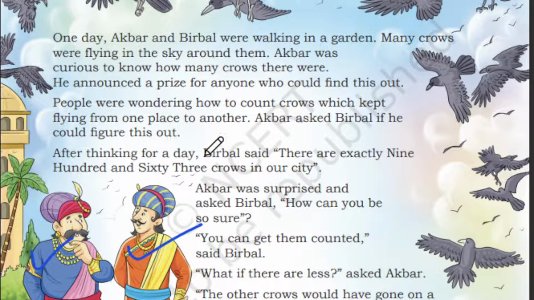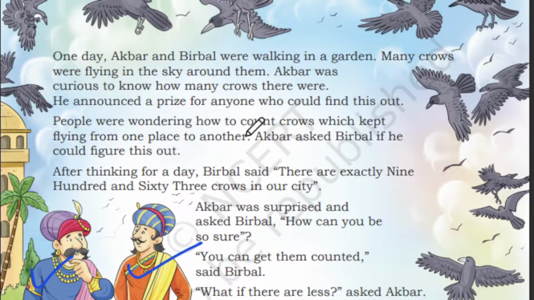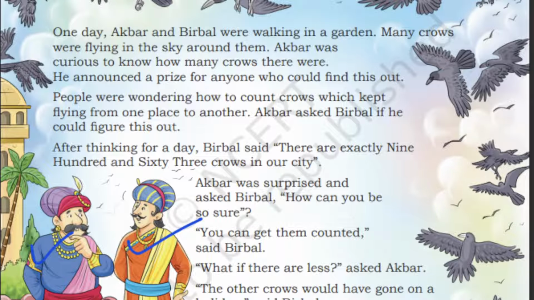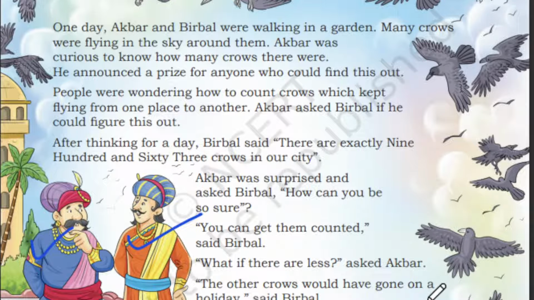So people were wondering how to count crows which kept flying from one place to another. It is very difficult to count the crows, right? Because the crows keep flying. They will not sit in one place. They will fly from one tree to another tree or one place to another place, right? So it is very difficult to count.